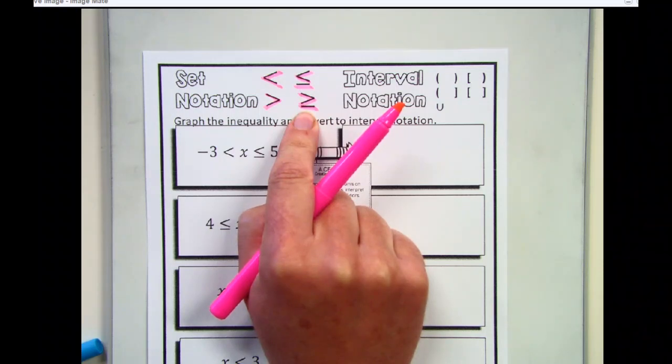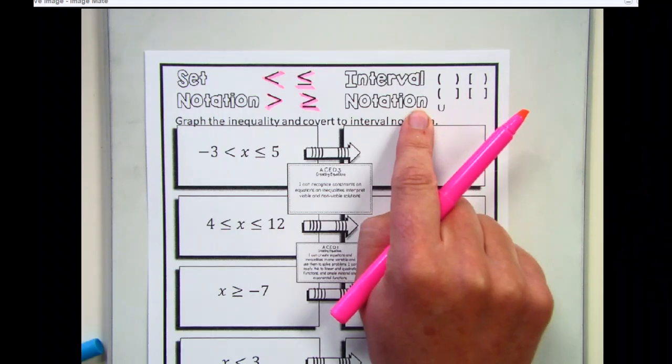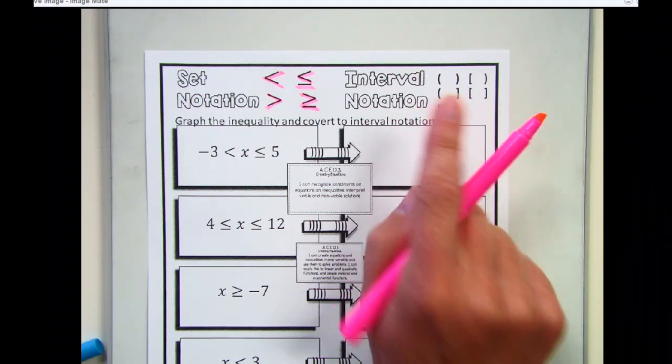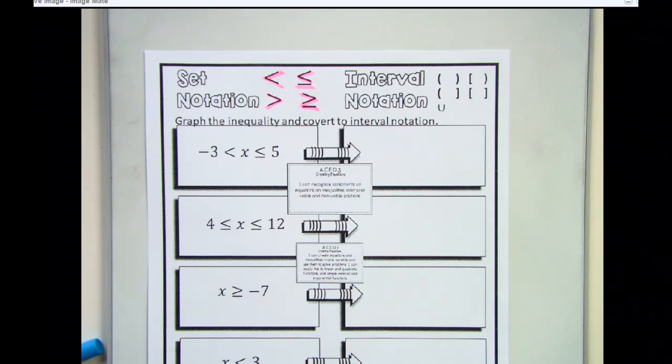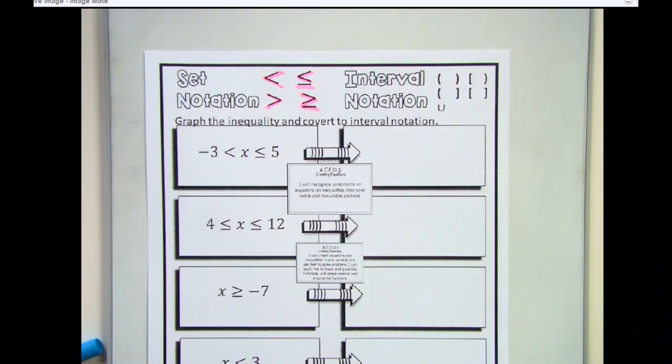We're getting pretty good at solving inequalities, and we can graph inequalities. However, from this point forward, interval notation is also used. And it's just a different way to write your answer. So, interval notation.